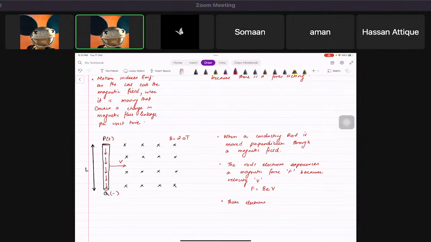So these electrons will travel downwards due to the magnetic force, and that's according to Fleming's left hand rule.